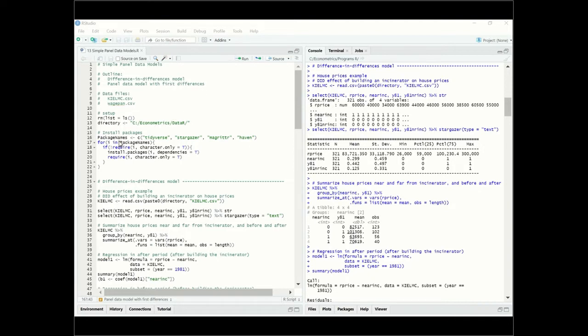Before we start, we make sure that we install certain packages, and then we make sure that they are up to date as well. In order for us to do the difference in differences model, we will be using a house prices example.